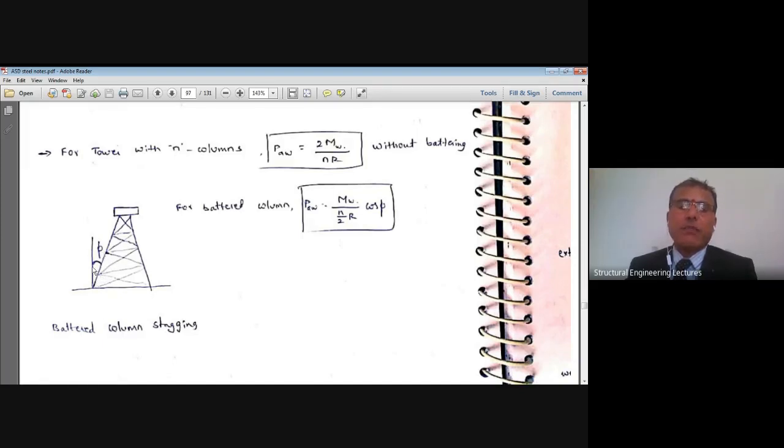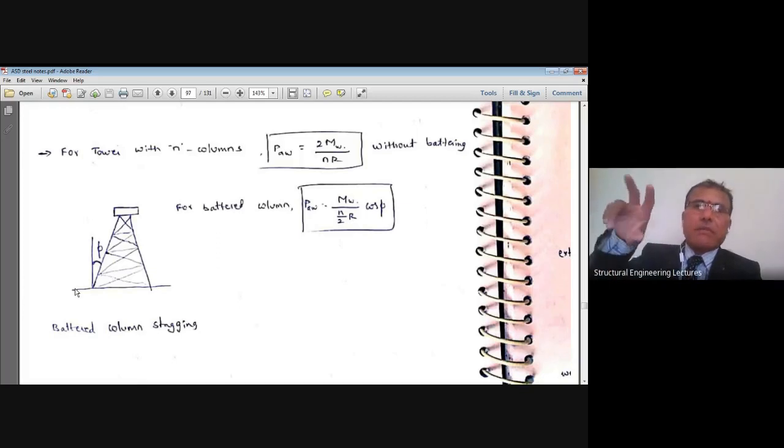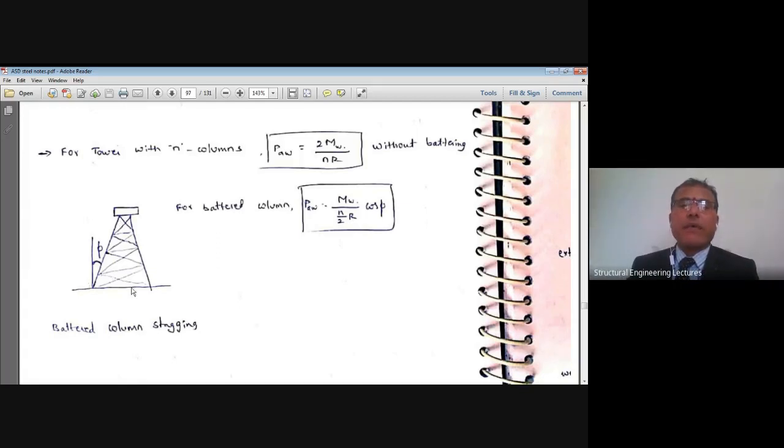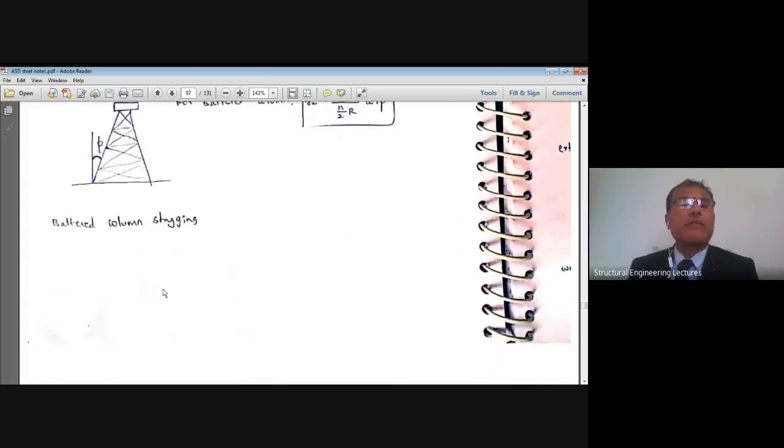The cos component is the vertical component. The horizontal component is sin phi. The sin phi components get nullified by taking sigma H equal to 0. Vertical components are cos phi. Therefore, by taking the sum of the moments about the axis of bending, I have only cos phi components, vertical components only. Right?